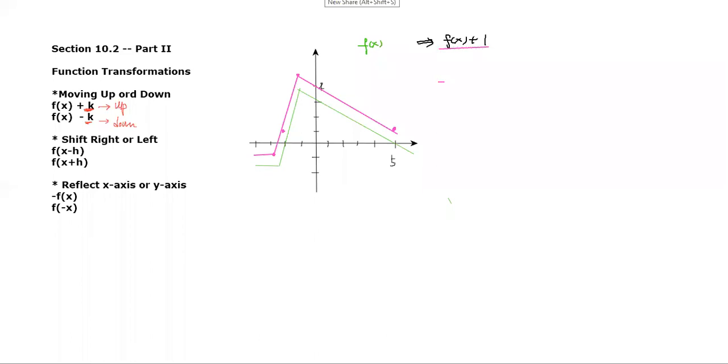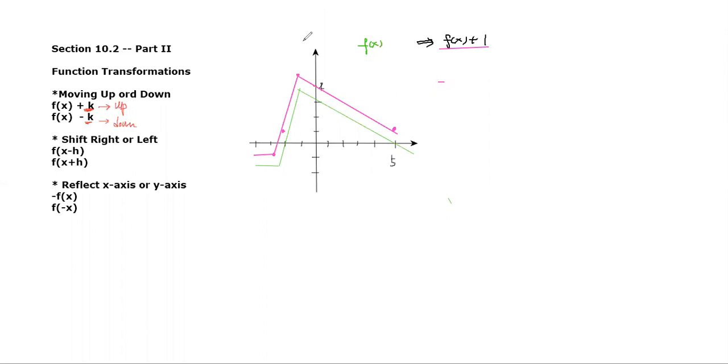So the pink one, I go up. In the same way, if I go down, I can just minus the number. The reason these transformations are pretty easy is that you don't really need to graph by points anymore, right?